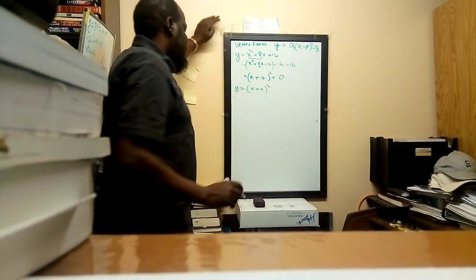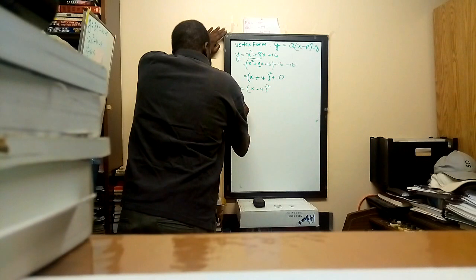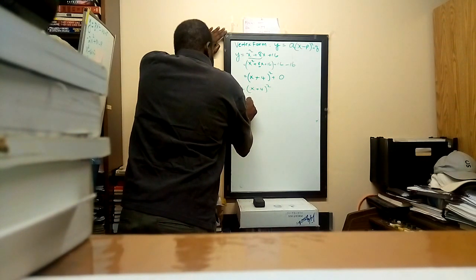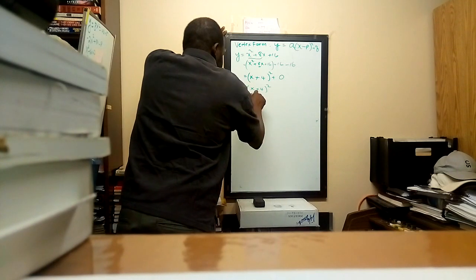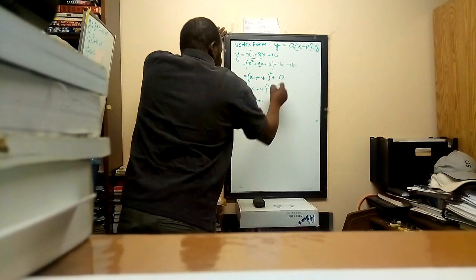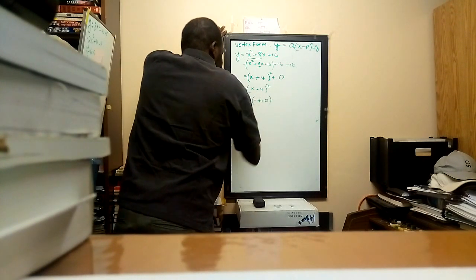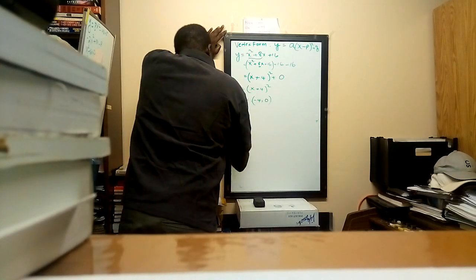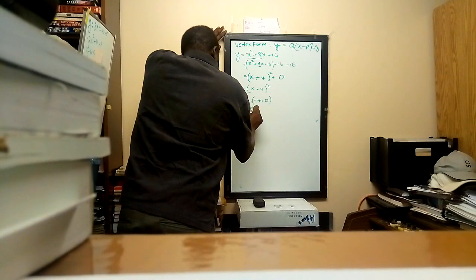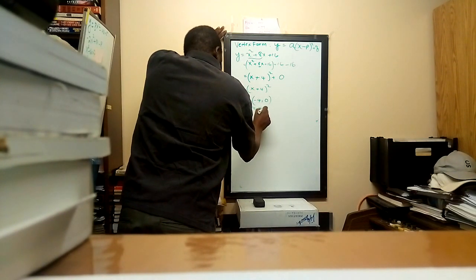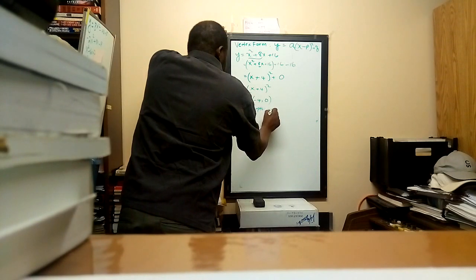Now we read out our vertex. The vertex is given by negative 4, and q is 0. Then we solve for the x-intercept by letting y equal 0.